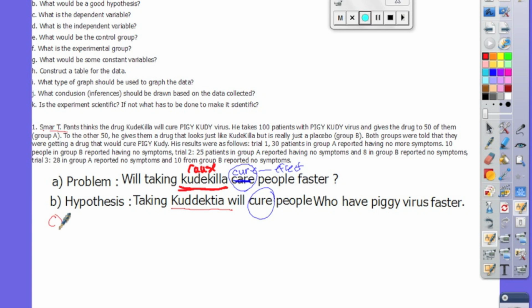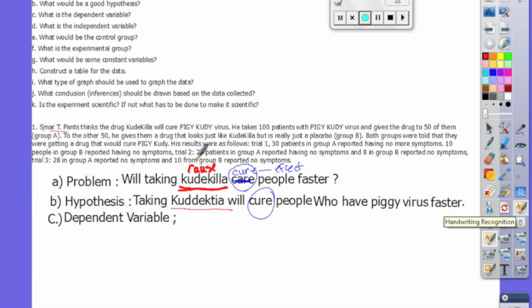Now we have C. And in C, we are trying to figure out what is the dependent variable. The dependent variable is what we are going to be measuring. In this case, based on the little story and what was going on in the story, they were measuring how many people had the symptoms and had the disease.